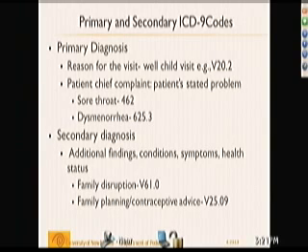Those are your secondary diagnoses. So dysmenorrhea could be your first one, but then maybe your second one on that visit would be family planning or contraceptive advice, the V25.09. So the main message here is to document as many pertinent ICD-9s that you cover, that the patient comes in with and that you address.